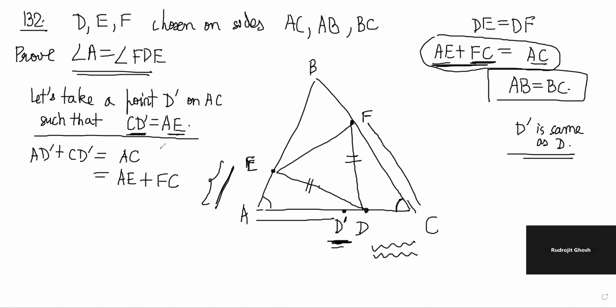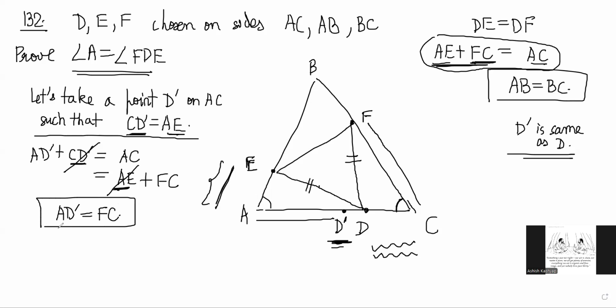But we have assumed what? CD dash is equal to AE. Can we cancel them? So now, we are getting CD dash is equal to AE, and we are getting AD dash is equal to FC, right?